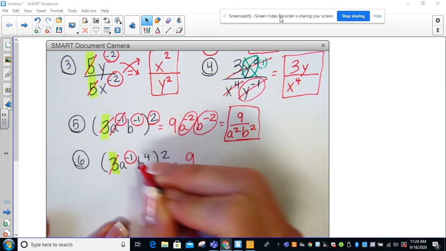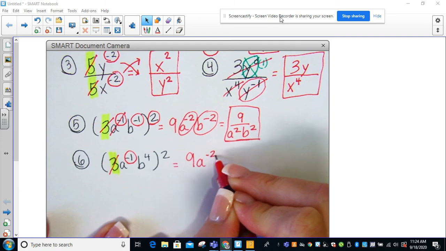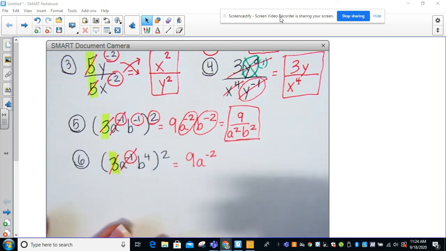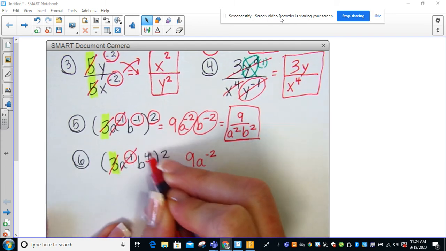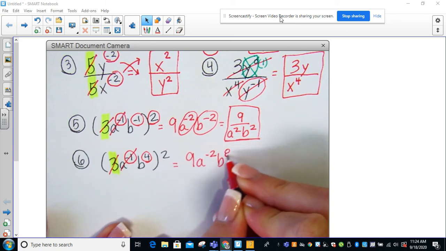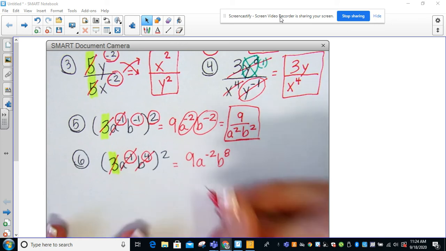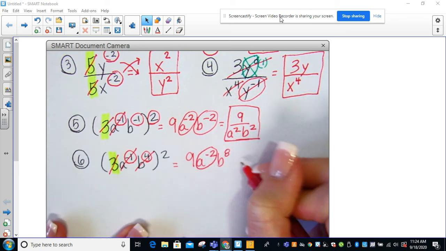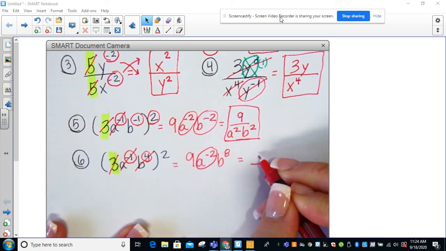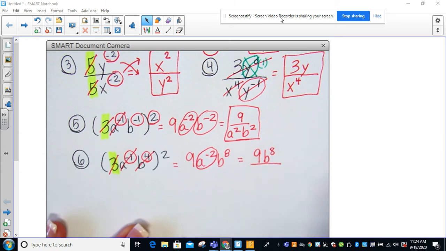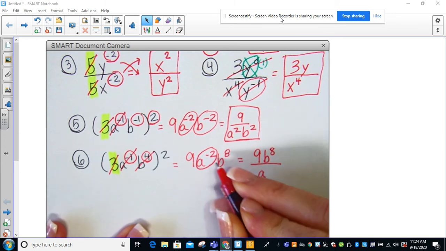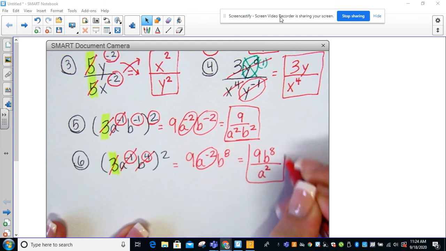So we're going to multiply 2 times negative 1 for the a and get a negative 2. So now the a is taken care of. And then 4 times 2 is 8, and it's positive. So now that's taken care of. So now the only problem we have is this. Since it's negative, it's got to go to the bottom. So the 9b to the 8th power stays on top, and the a to the negative 2 goes to the bottom and becomes a positive.